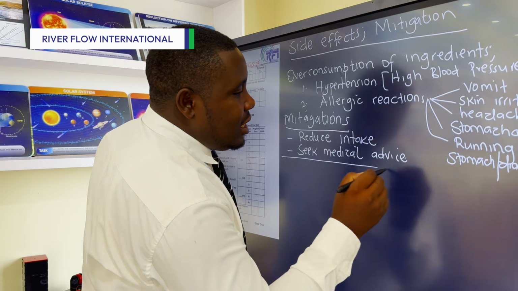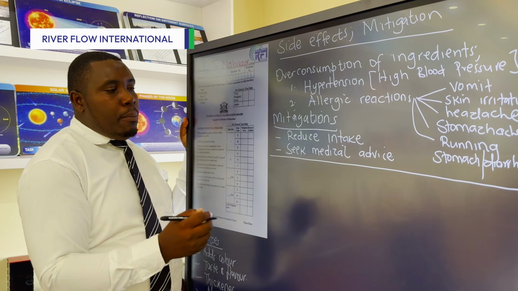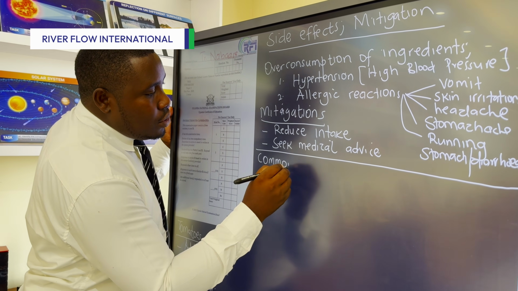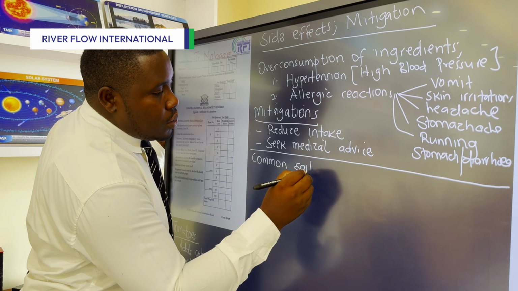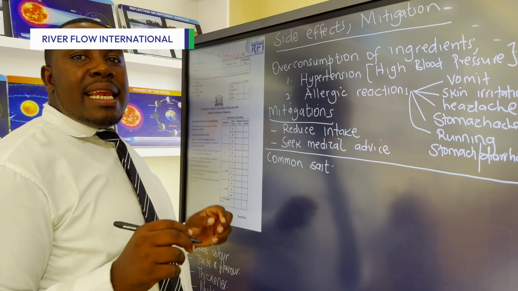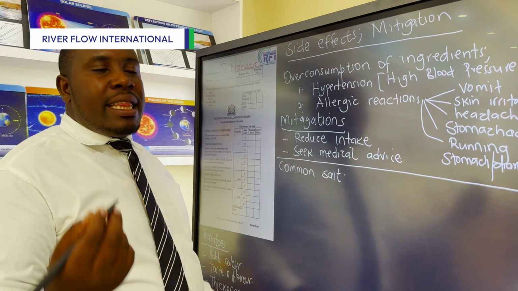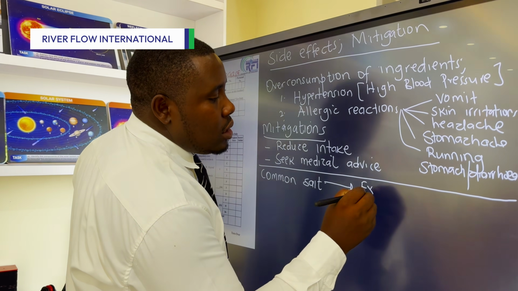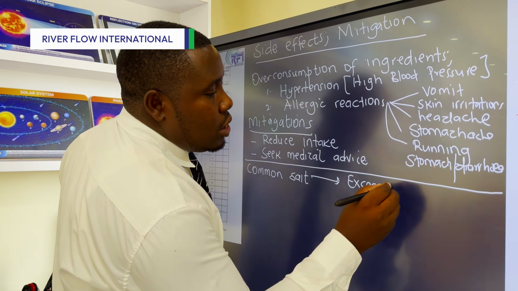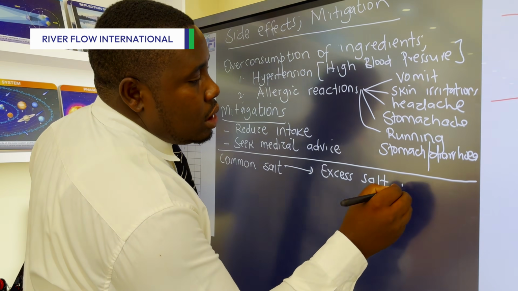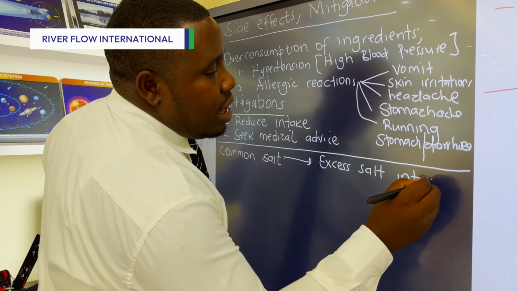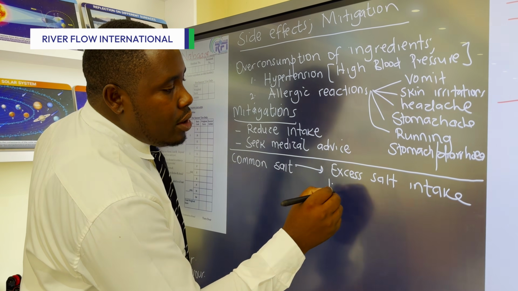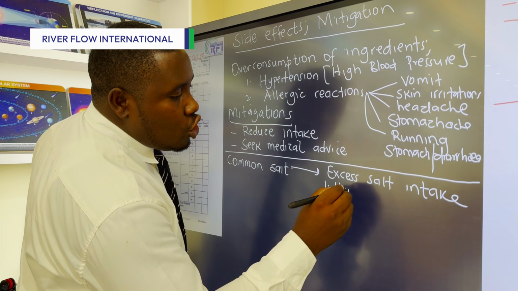So let's dig deep now, one by one. Let's start with common salt. Now, like I said, they only have a problem when they are taken in excess. Excess salt intake, we have said, results in number one, hypertension.